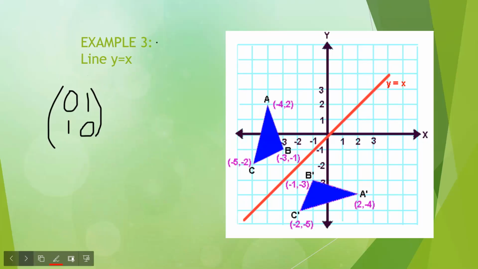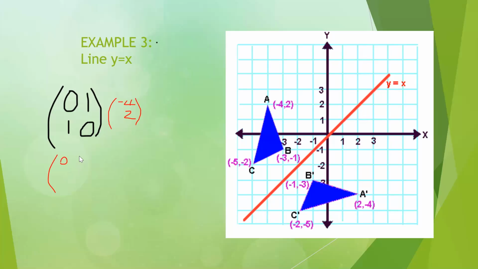So even for here, guys, this is the matrix you use. Again, you take each of the points, so -4, 2, and you multiply it by your matrix. You do it for each point, or like I said, you can do the whole thing.